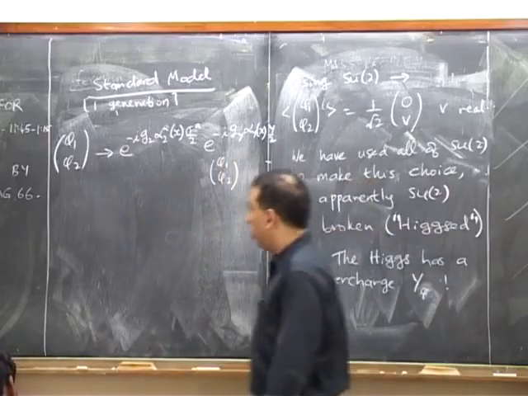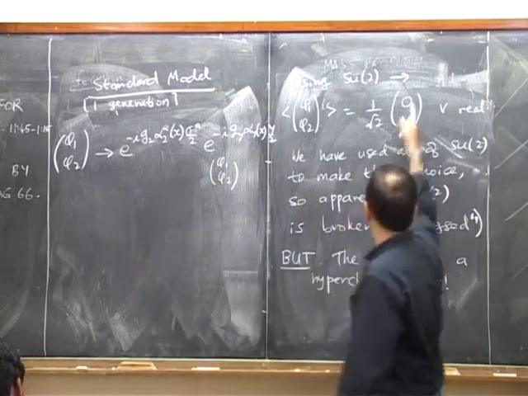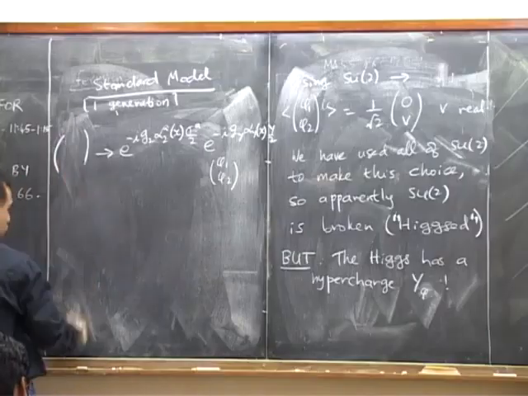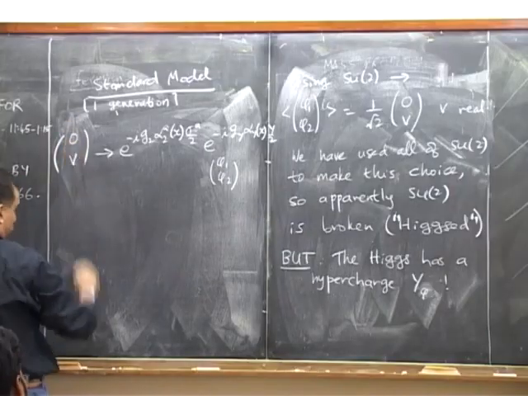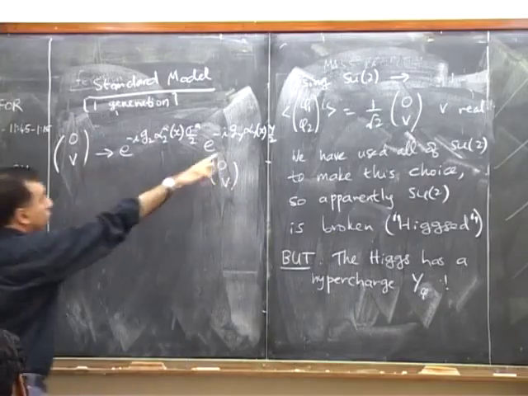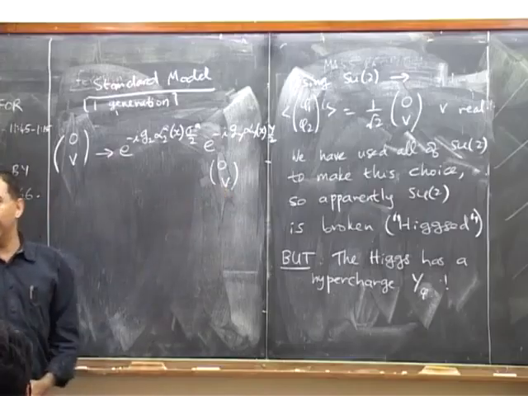Okay? And now we are trying to look for those transformations that leave the wave 0 v invariant. So let's choose this to be 0 v. And let's inspect these things to see which of them could possibly leave 0 v invariant.